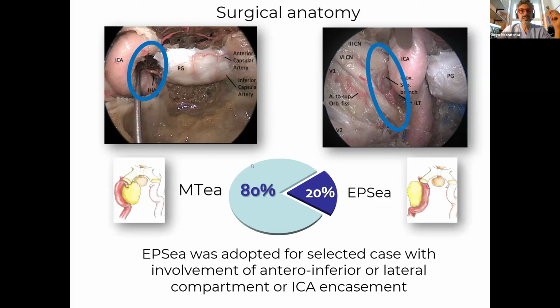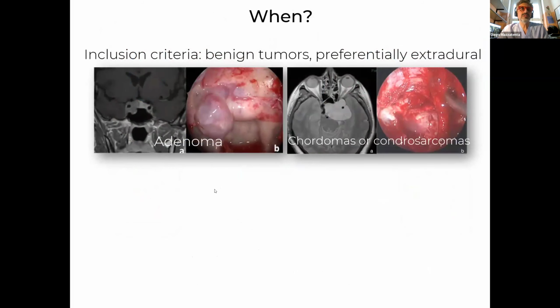But don't forget, in our experience, that 80% of the tumors invading cavernous sinus were operated using only the midline transsphenoidal approach. It's not always necessary to perform an expanded approach to work inside the cavernous sinus. The first question is when? Which are the best tumors you can treat using the endoscopic approach?